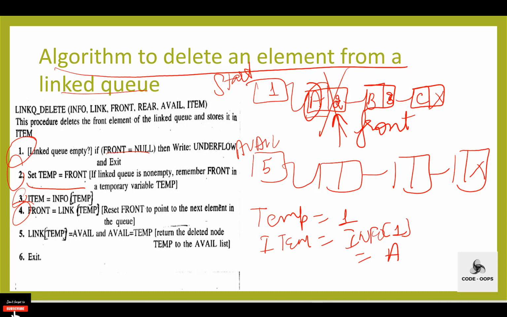Link of temp points to the avail. Now avail is equal to temp, which is 1. Avail becomes 1. That means we return the deleted node temp to the avail list. This is the complete algorithm to delete an element from a linked queue.